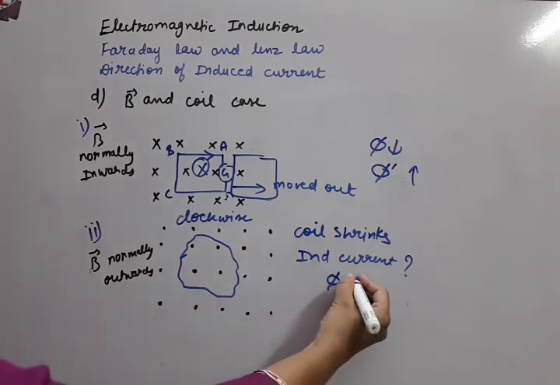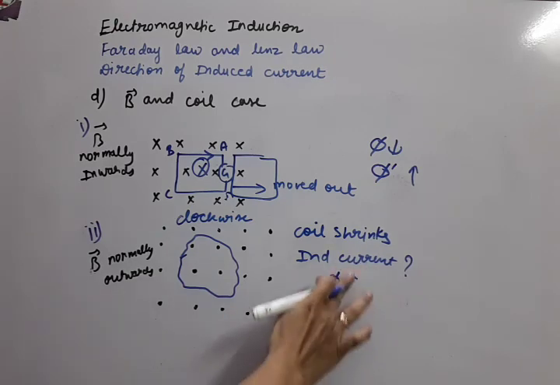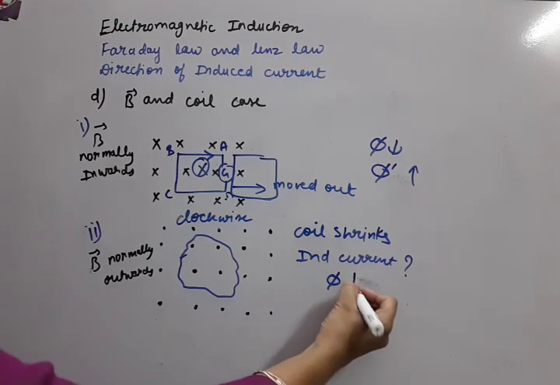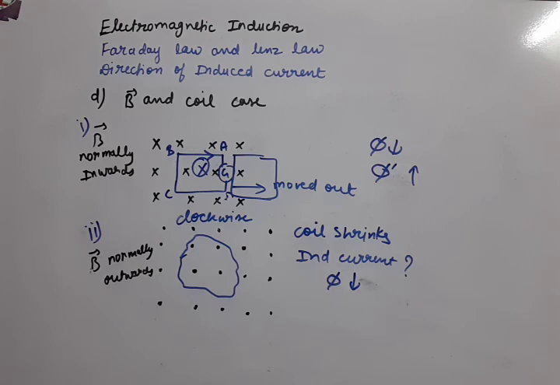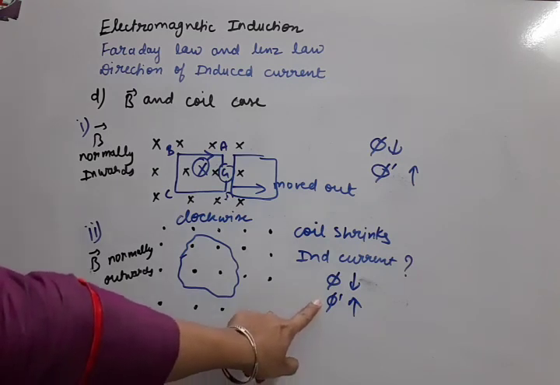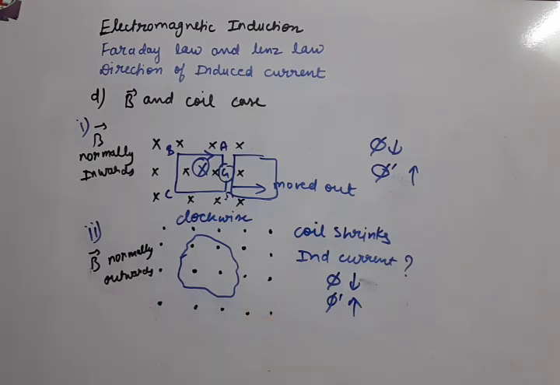So the cause is that the flux through it is decreasing, and because the flux is decreasing, the induced current will be produced. Now according to Lenz's law, since the cause is a decrease in flux, this induced current will try to increase the flux, so the net flux will increase.